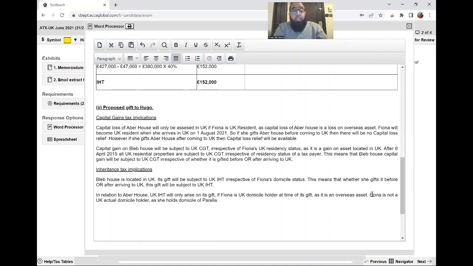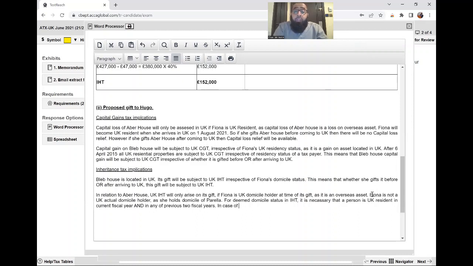Okay. For deemed domicile status in IHT, it is necessary that a person is UK resident in the current fiscal year and, not or, and in any of the previous 2 fiscal years.